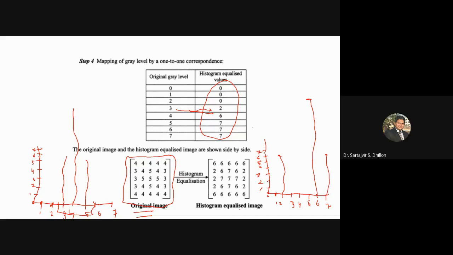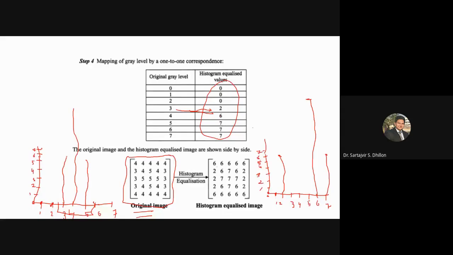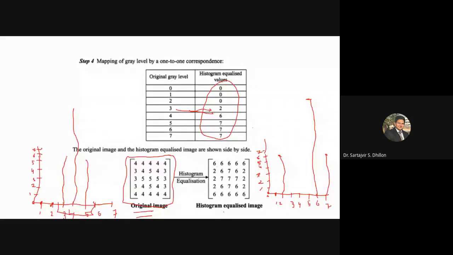Our purpose in understanding histogram equalization is to distribute the pixels throughout the intensity level instead of a particular or specific range, whether on a darker side or on a center.